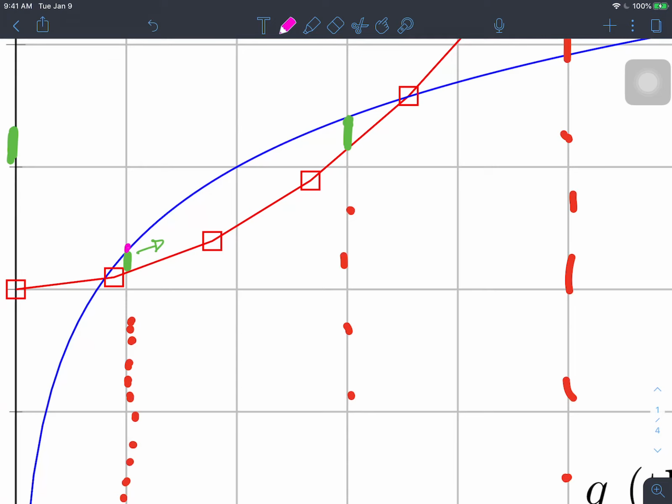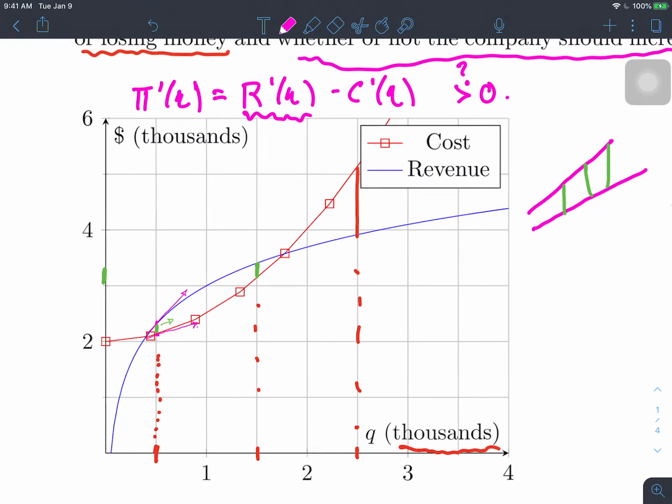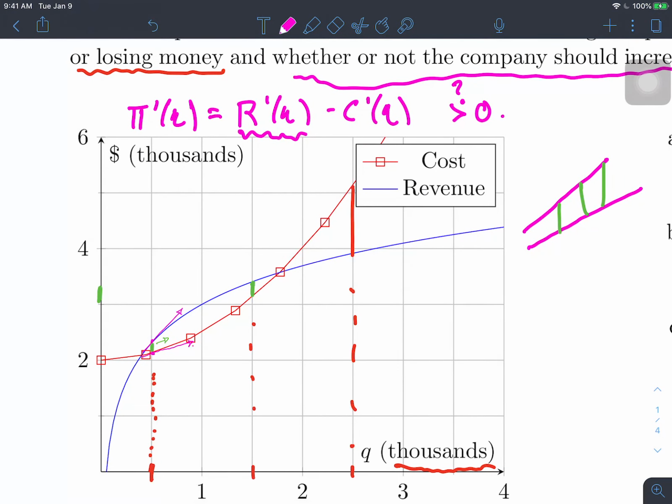At this point, it looks like we're going up fairly steadily. And at this point, we're going up slightly less so. Okay, this is telling us that the marginal revenue is larger than the marginal cost. The marginal profit is given by the difference between these two things. So if I take a smaller number and I subtract it from a bigger number, I'm still going to have a positive number. Okay, I think I've beaten this into the ground at this point.